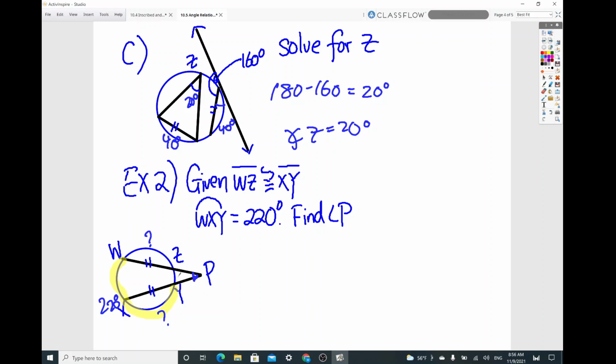To come up with the rest of the arc here, it would be 360 minus 220, which is 140. So 140 is arc WZY.